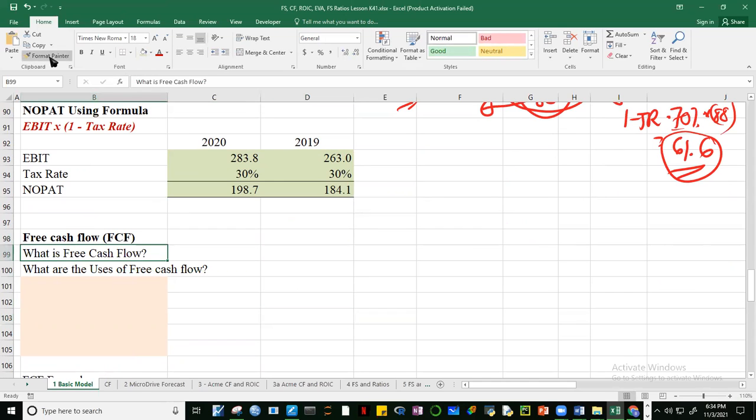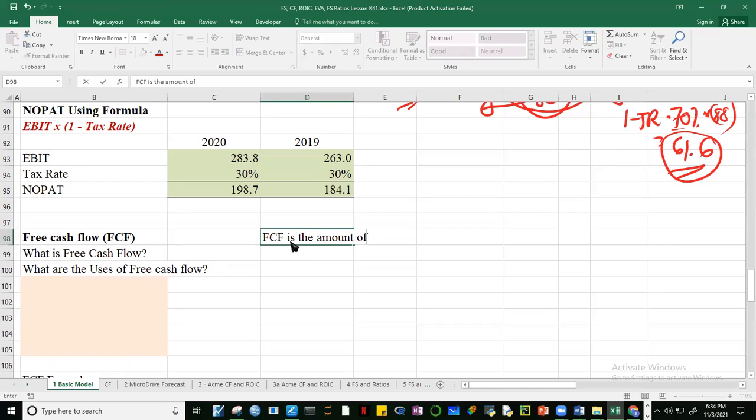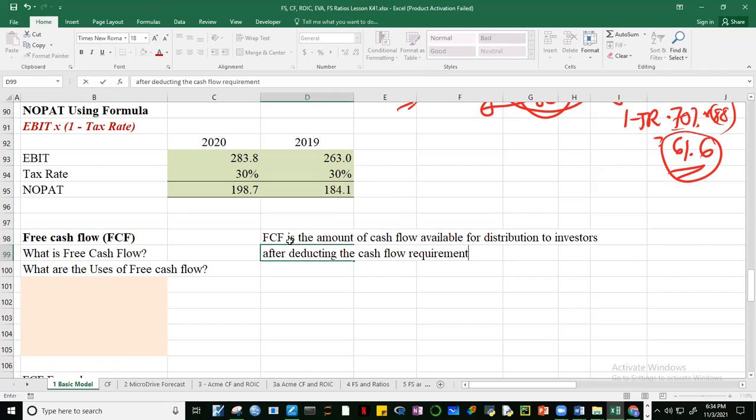Free cash flow is the amount of cash flow available for distribution to investors after deducting cash flow requirements for operations. So this is the definition, guys, of free cash flow.